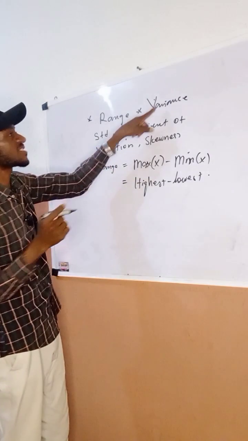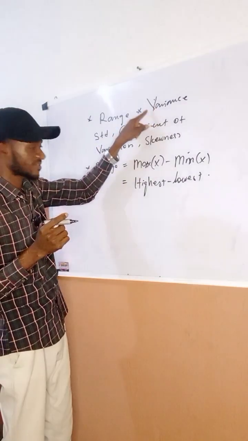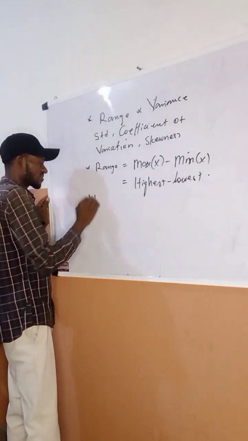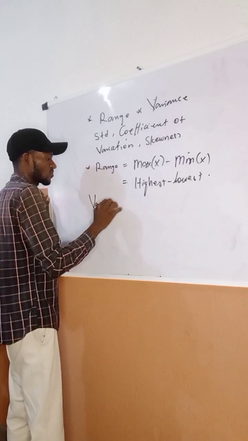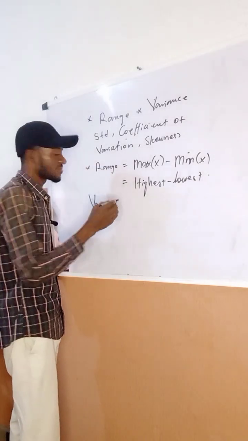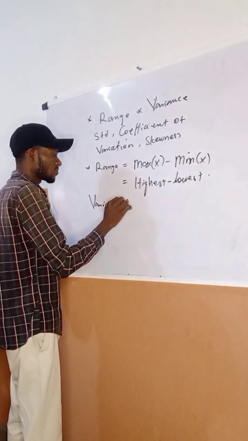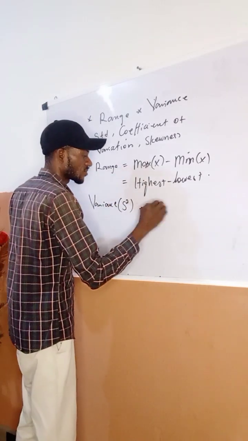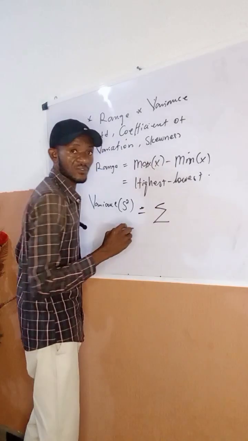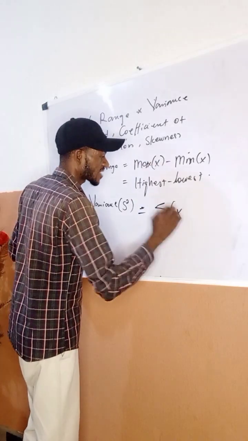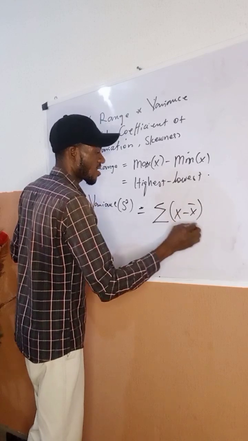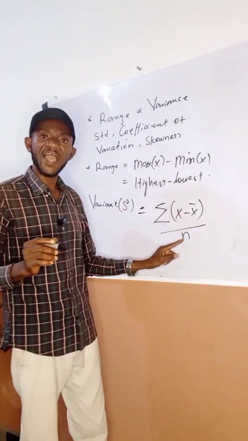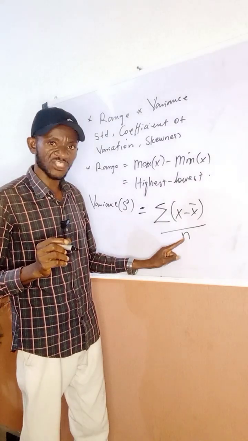Then when we talk about the variance, variance, which most of the time is represented with S squared, is given as summation of (X minus X bar) squared all over N. This is all over N when there is a condition.